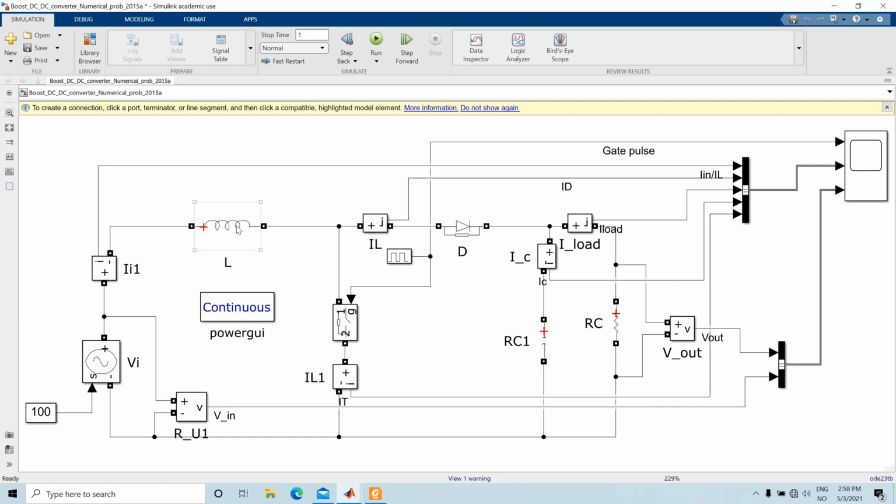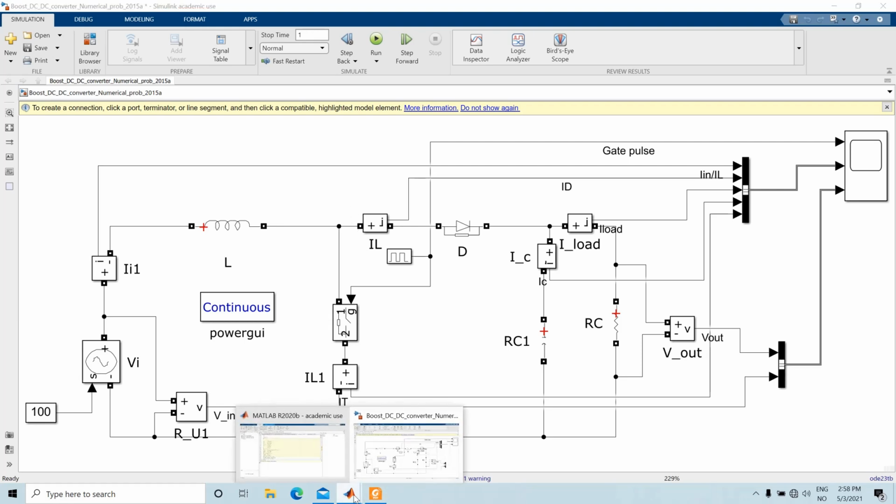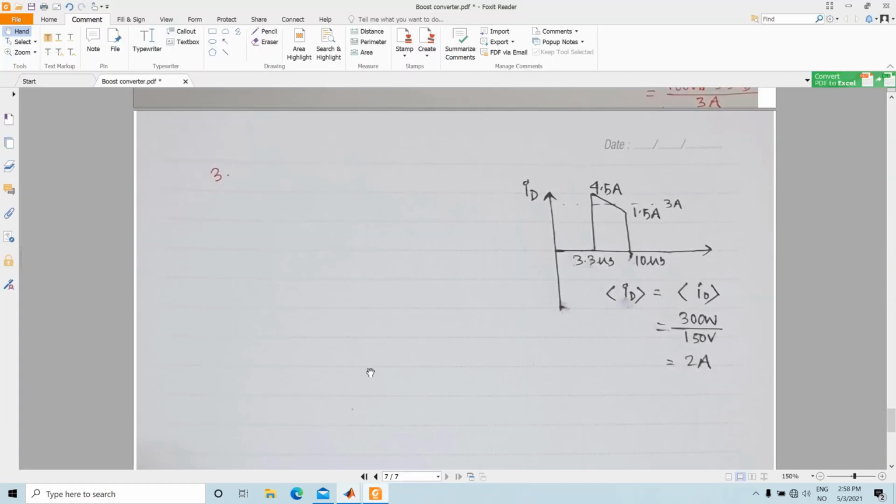And here is your inductance value L. You can increase or decrease your inductance value. If you reduce your inductance value, there will be a certain value of L for which you will have discontinuous current operation. So this is again a very quick and simple simulation, which will probably give some insight into the topic that you are learning.